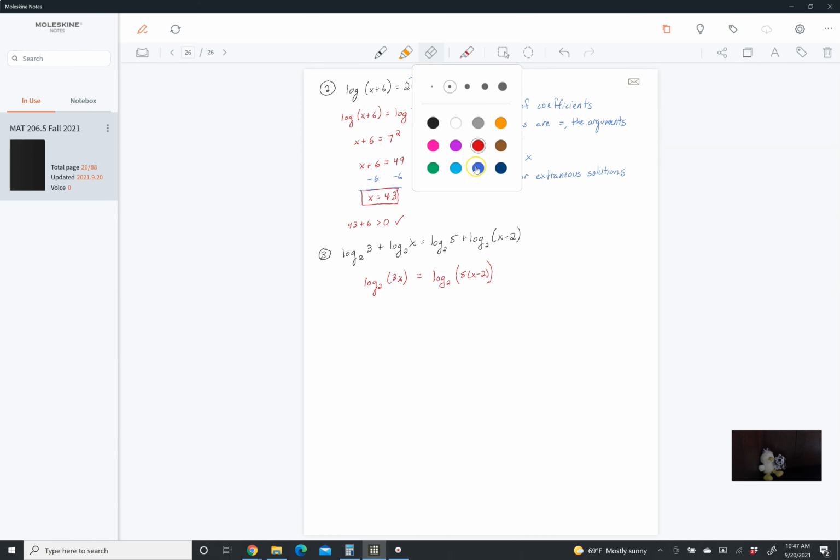So whenever you see more than one log on a side, you're going to condense. This is going to be true for every example that we do.